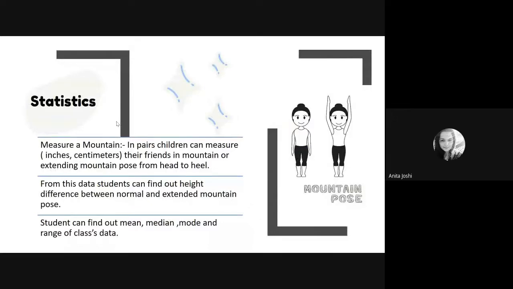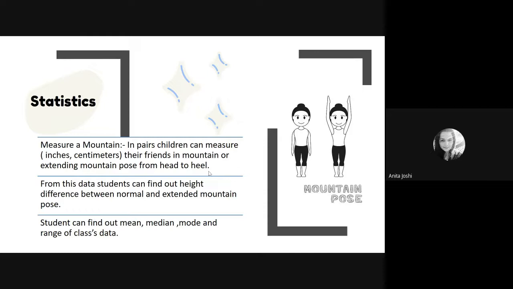And another one here is statistics. We can teach statistics with the help of yoga in our classroom, right? Like I have just come up with the mountain pose. We can do it for the other poses as well. We can create pairs of children, and they can measure the height of their friends. We can make a group again here.